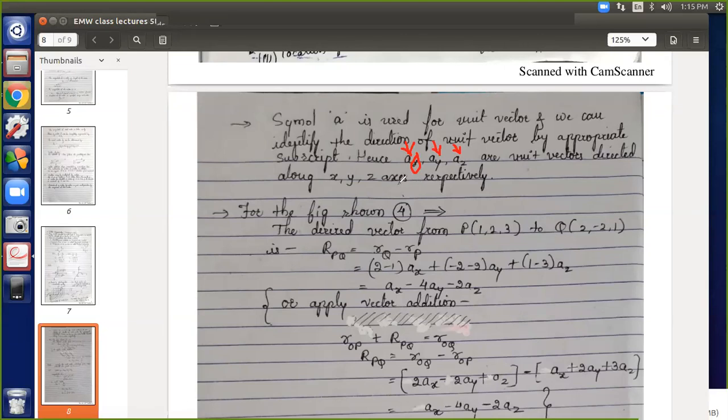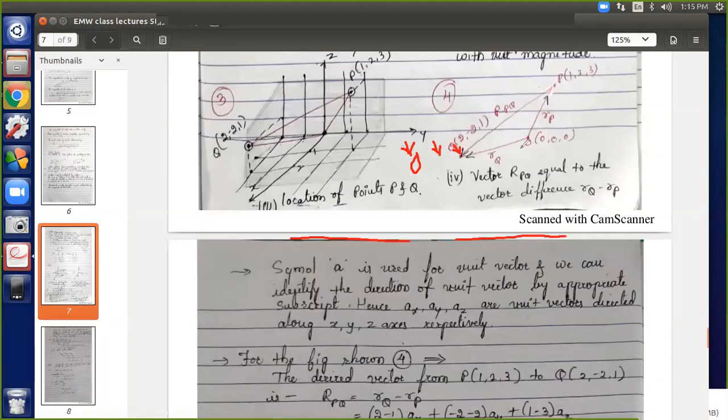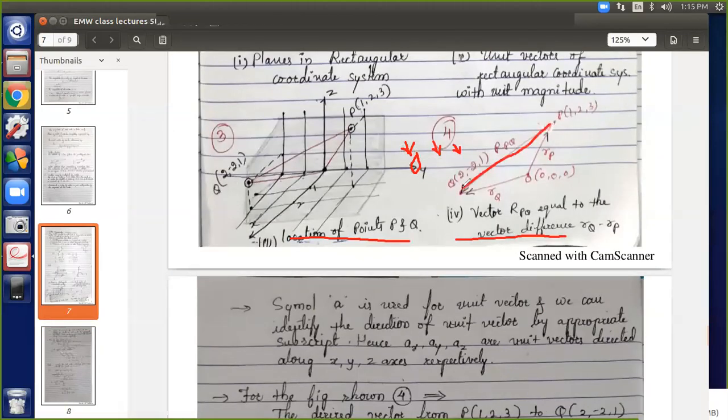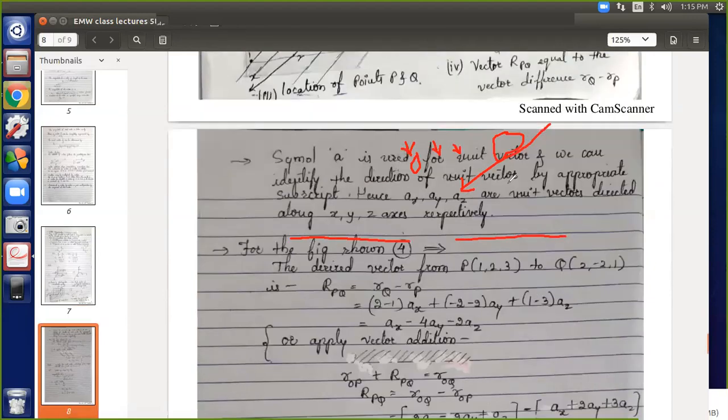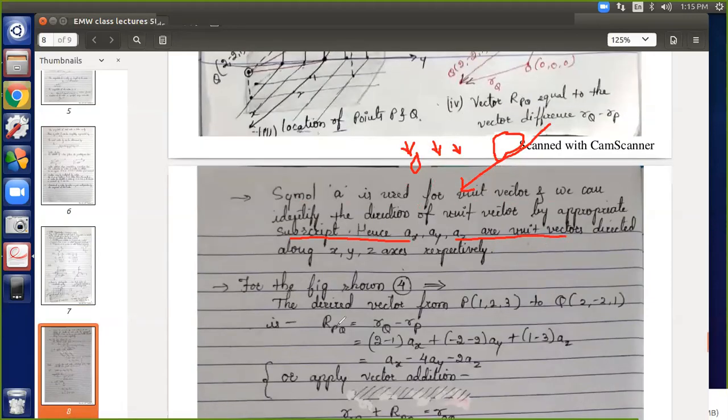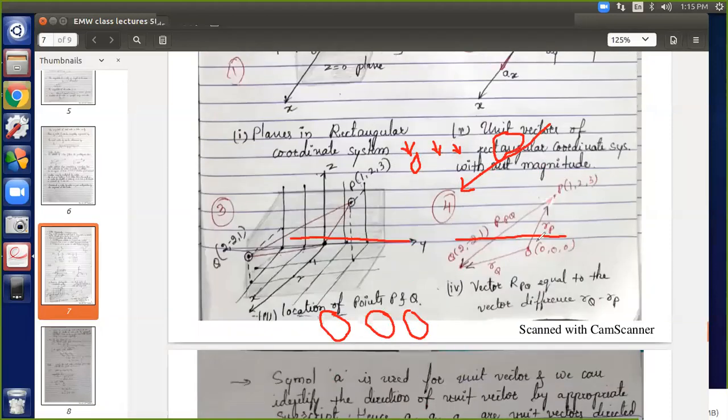Now coming to that figure, how to find the desired vector between point P and Q. You just observe point P to Q, this distance vector, that is r suffix PQ. How to calculate? R suffix PQ is given by the distance Q minus distance P. How to find this?